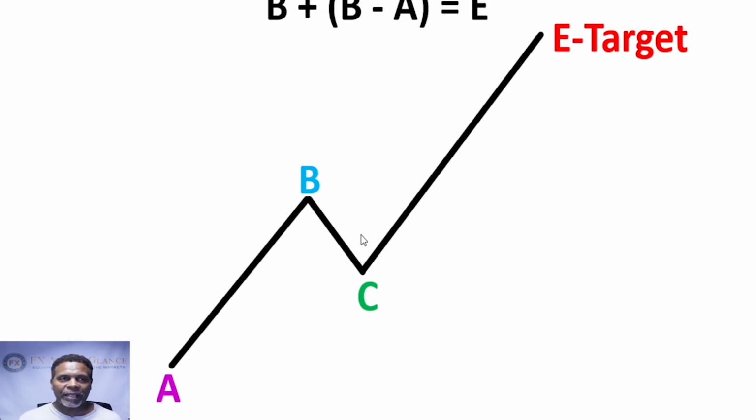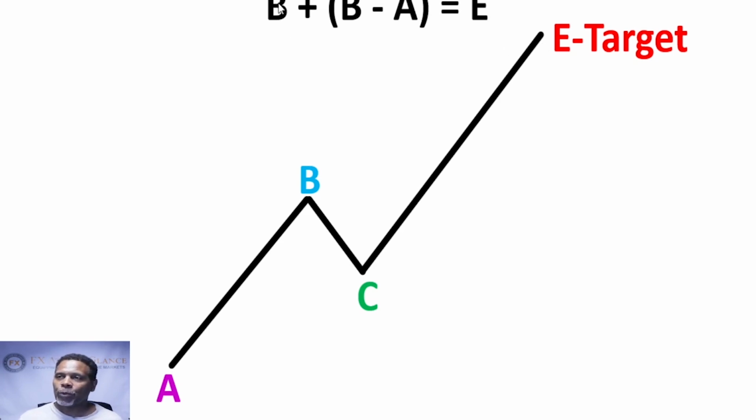So basically we're looking at this now as an N wave with a target, an E target, all right? So that E target is based off of this B. So you have A, B, C, which is basically a 1, 2, 3 formation that most traders know. And then we're looking for the D formation, the D level, basically.